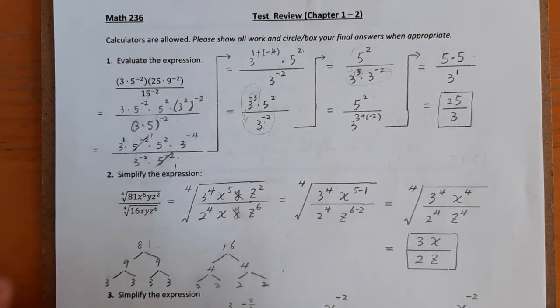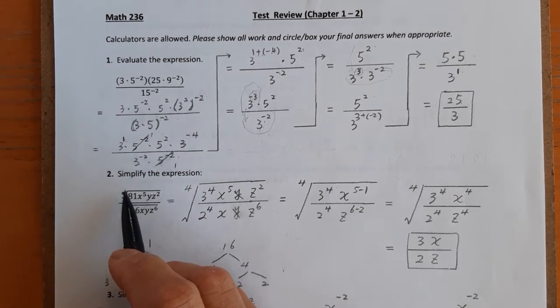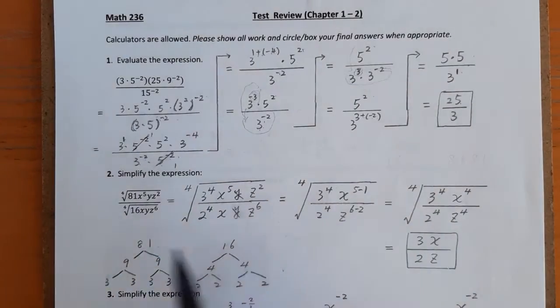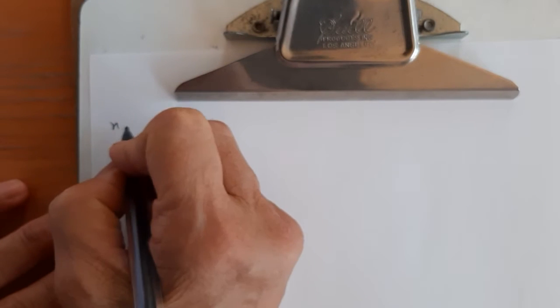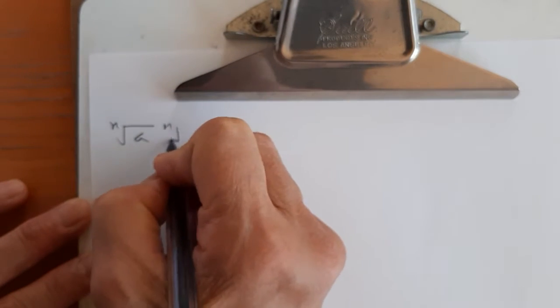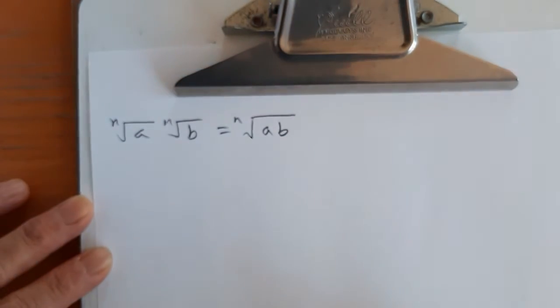Question 2, simplify the expression. Both are fourth root. So here we apply the rules of radicals. The product rule of radicals is nth root of a times nth root of b equals nth root of a times b.